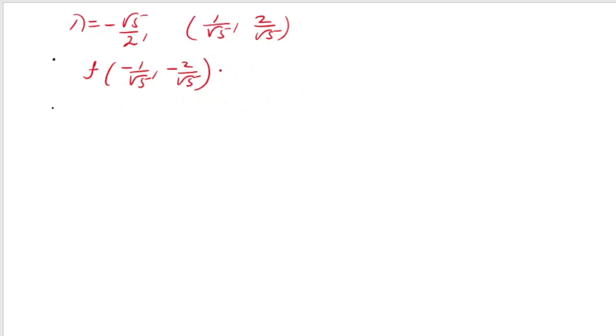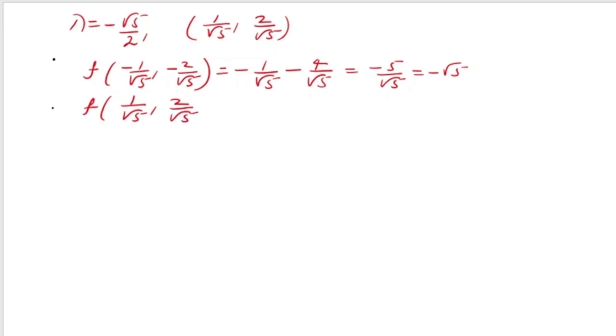So x is equal to minus 1 by under root 5 and minus 2 into 2, so 4 by under root 5. So it is equal to minus 5 by under root 5, that is equal to minus under root 5. And if I calculate the function value at 1 by under root 5 and 2 by under root 5, I get 1 by under root 5 plus 4 by under root 5.